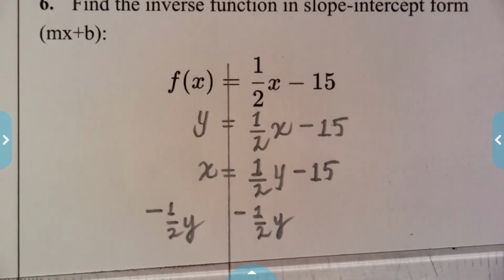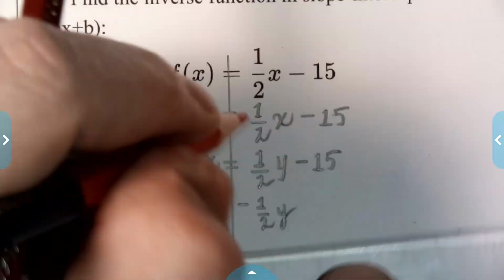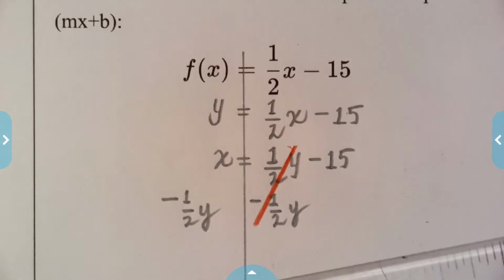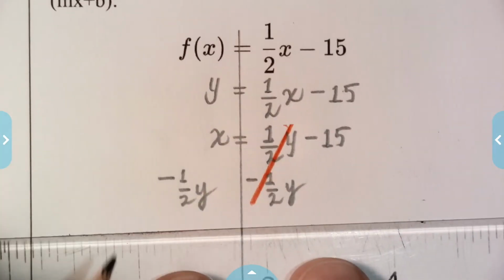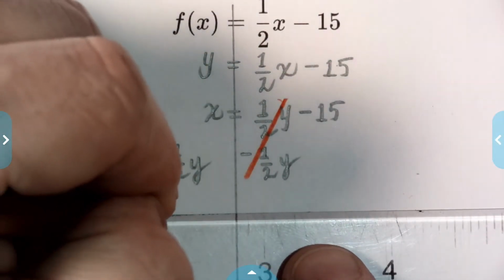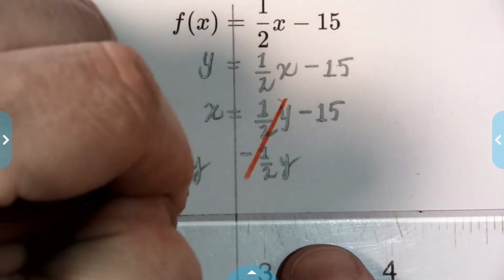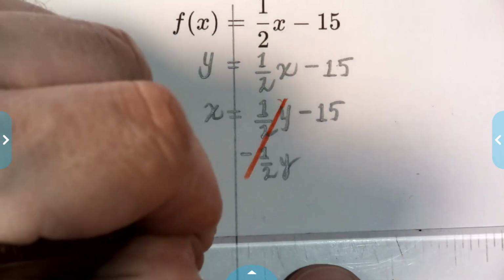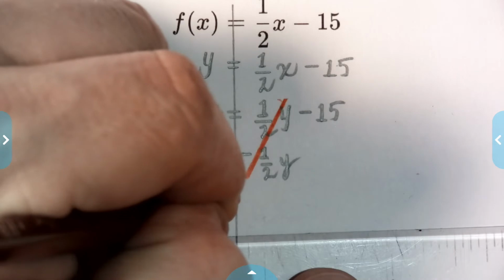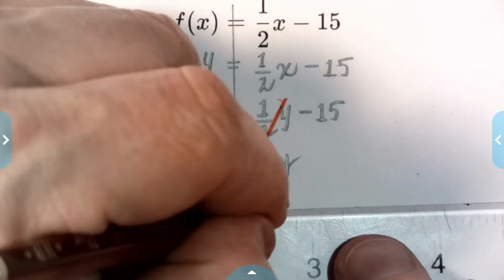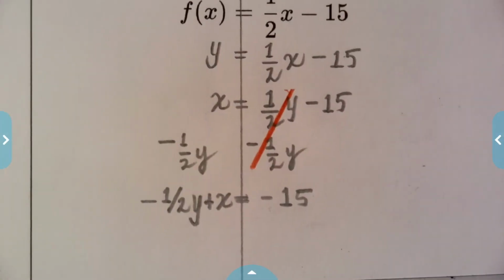All right, and that allows me to cancel out here. And so now I have negative 1/2 y plus x equals negative 15. Okay, so that's where your problem should be.